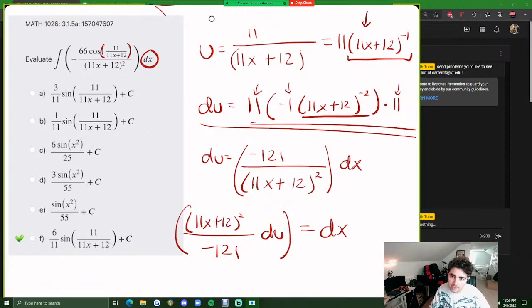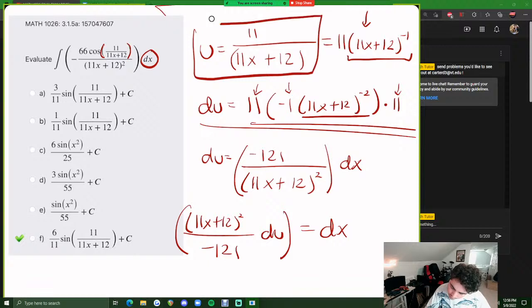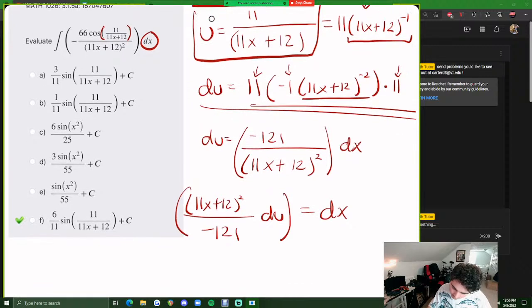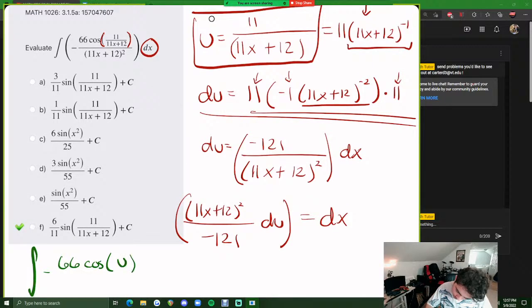So now that we have a u substitution and we have a dx substitution, it's time to substitute. So we're going to look at the original integral, keep the negative, keep the 66 cosine for the time being, and in place of the inside argument of cosine is where we put the u.